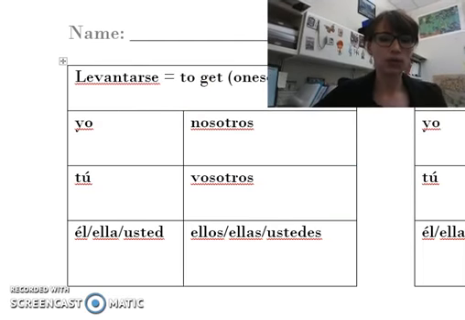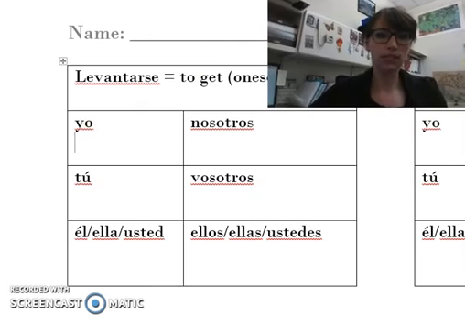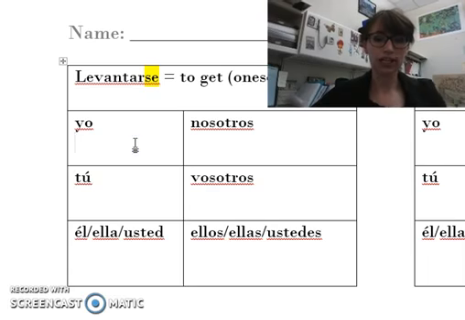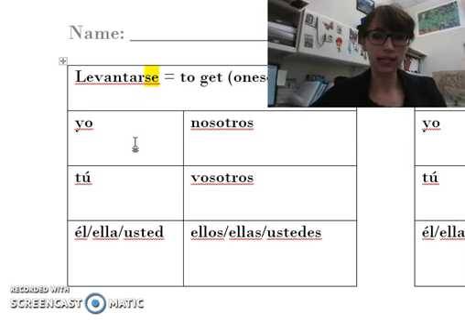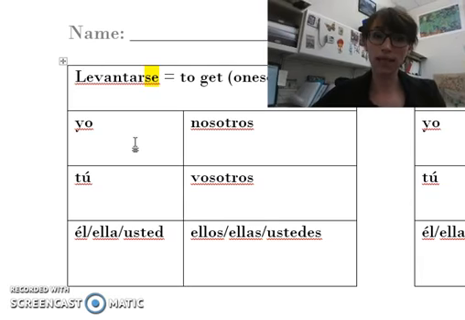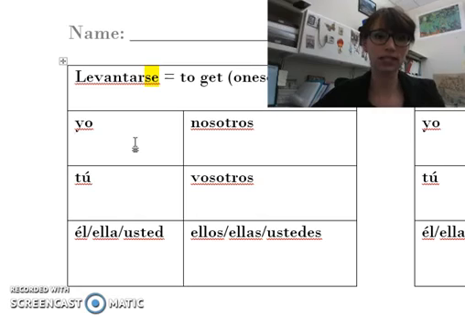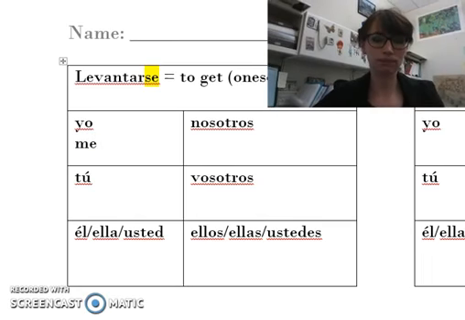If I'm going to talk about getting myself up, the first step is I take that reflexive pronoun, that se, and the first step of conjugating it is to put that in the beginning and make it reflect the subject. The reflexive pronoun that reflects yo is me.